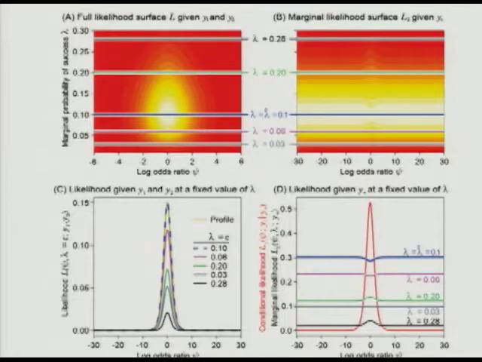And so the key point is that there is very little lost in basing your inference on the conditional distribution, the conditional likelihood being virtually identical to the profile likelihood.